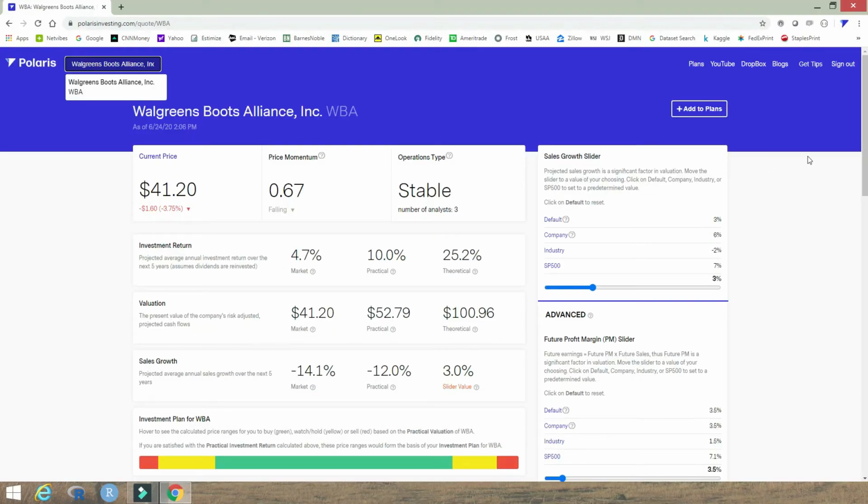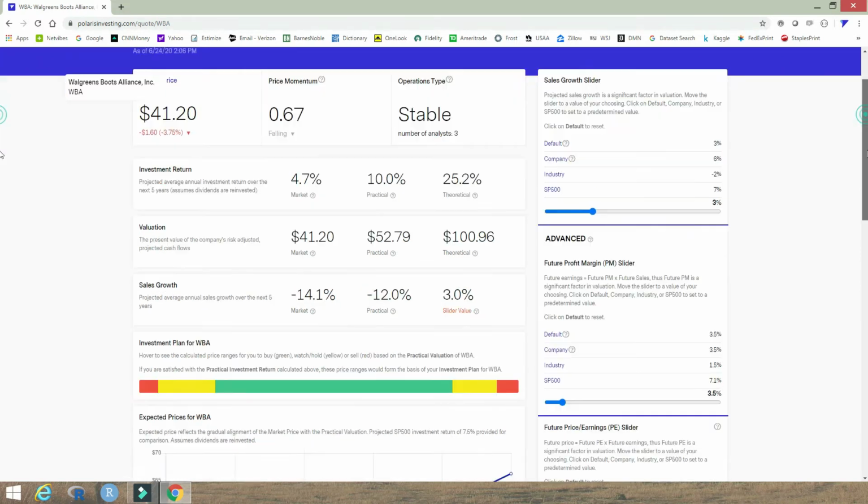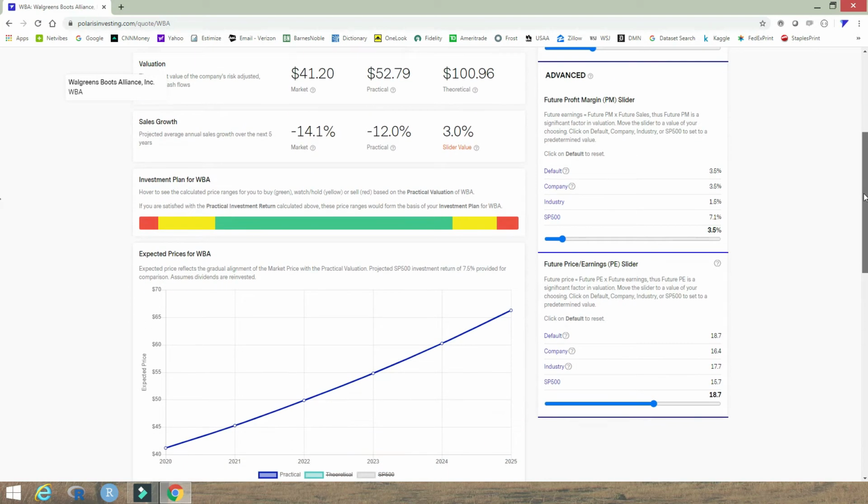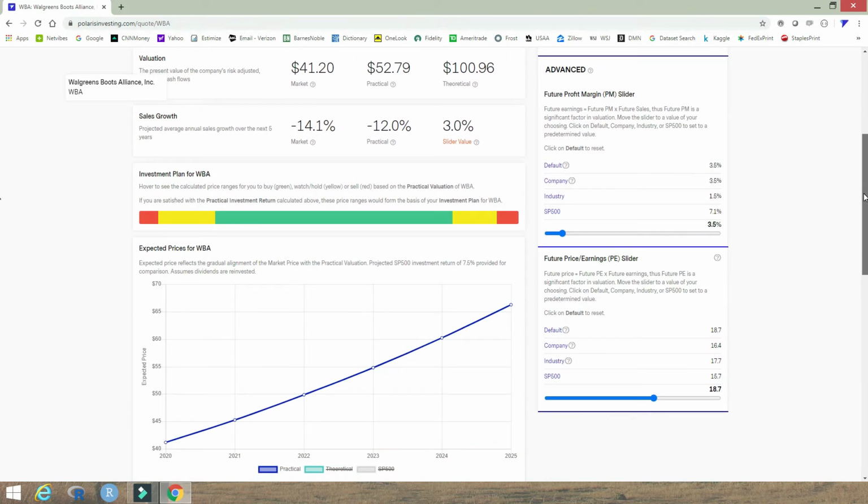Since this video was originally recorded, the Polaris website has been updated with 2 additional sliders beyond the sales growth slider, namely the profit margin slider, future profit margin, and the future PE slider.